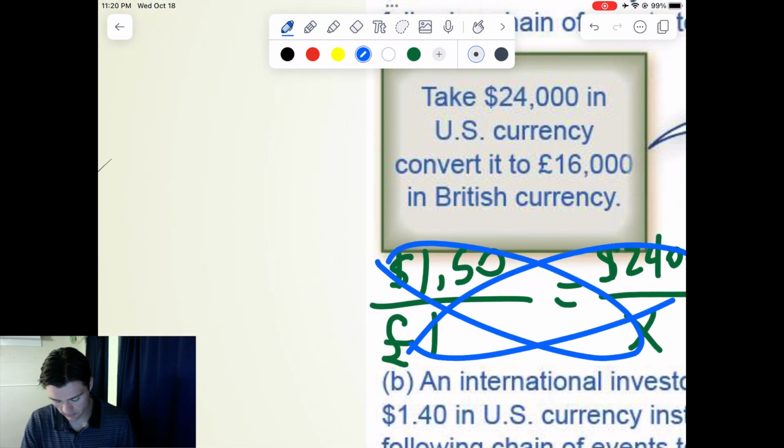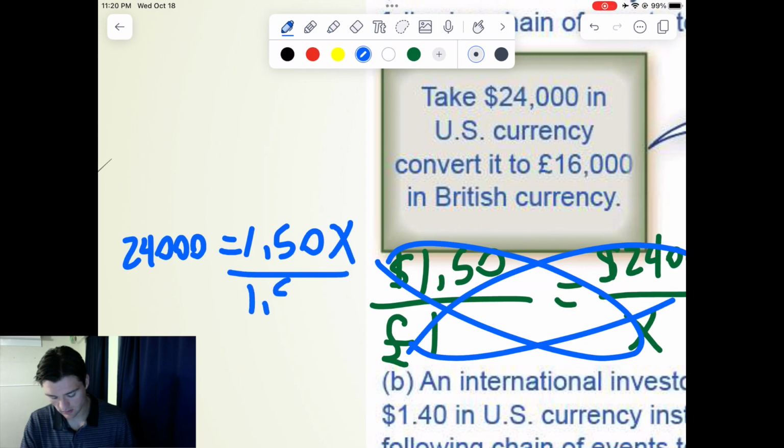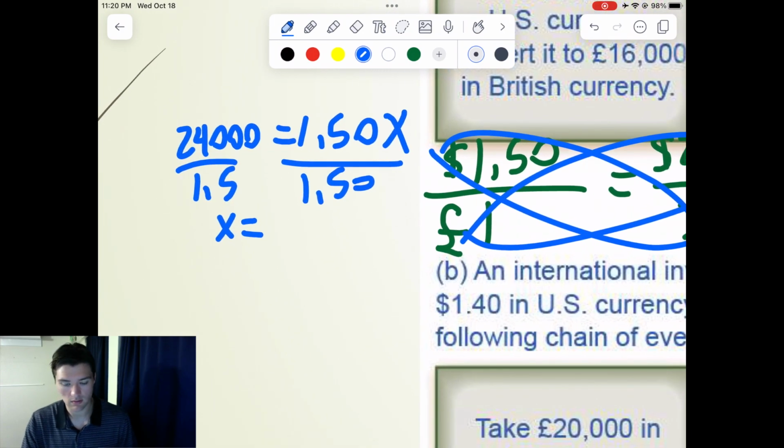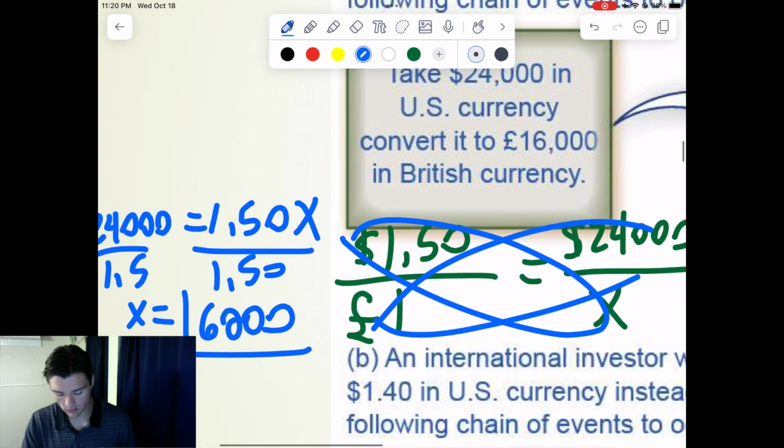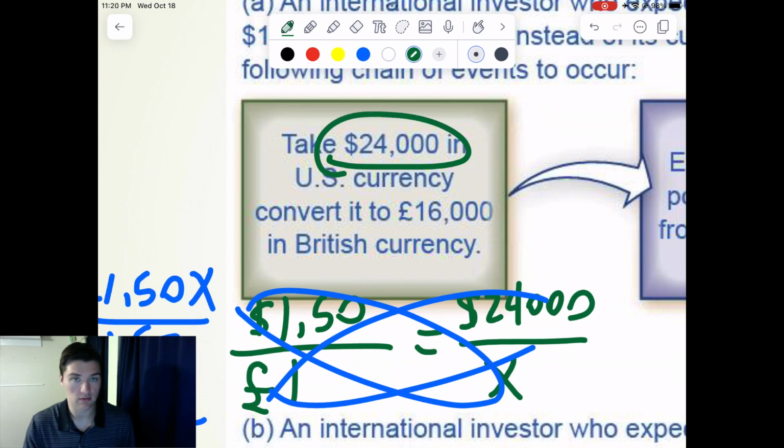So we'll do 24,000 equals $1.50 times X. We divide by $1.50, and so X equals 24,000 divided by 1.5, and that gives us 16,000 pounds. So this is very important. We started with $24,000, and we're now in British pounds, so 16,000 pounds.